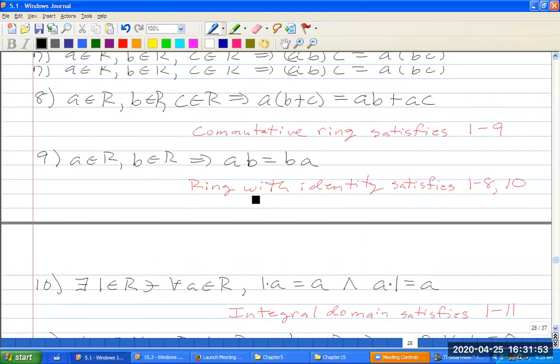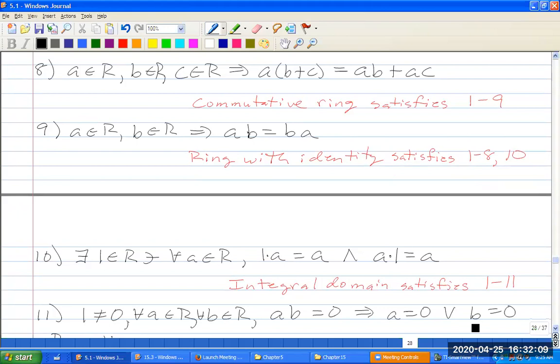Now, an integral domain. Basically, an integral domain is things that are like the integers. So if it satisfies all these up to step 11, it'll be called an integral domain.